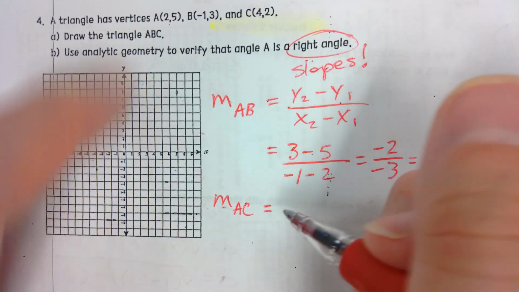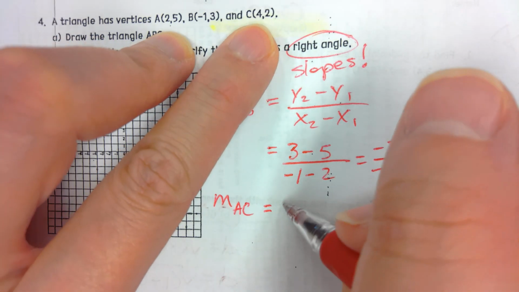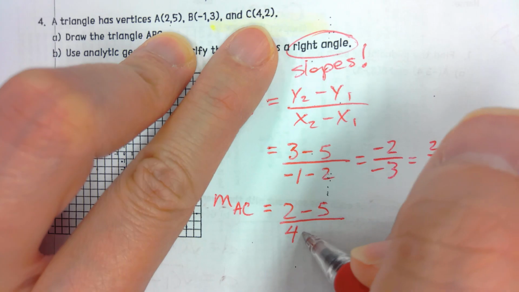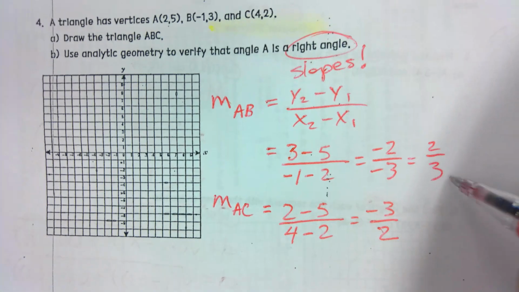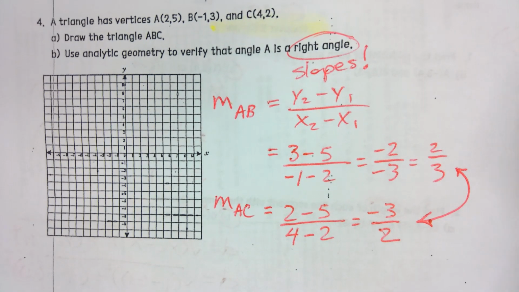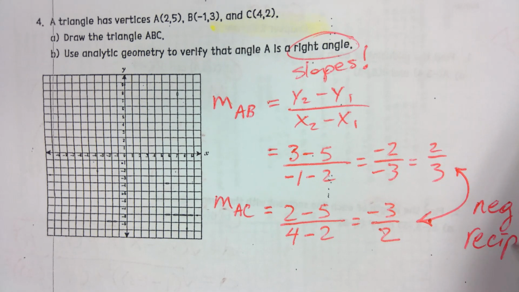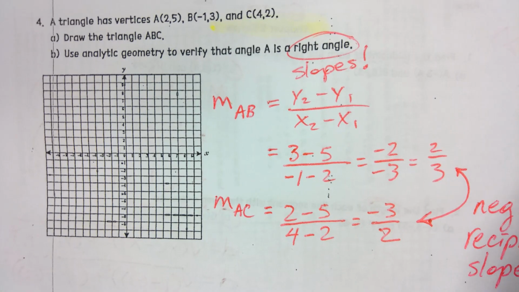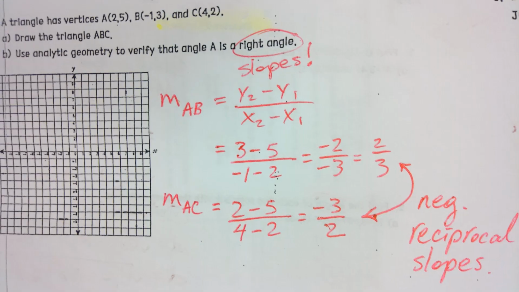Do the same thing for slope AC. Using these 2 points, 2 minus 5 over 4 minus 2, you get -3 over 2. What do you notice about these two slopes? Negative reciprocal. Excellent. Since they are negative reciprocal slopes, that means they are in fact 90-degree, or perpendicular.